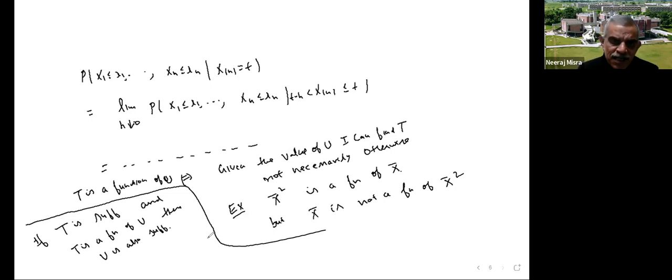For example, let us look at x1, x2, ..., xn, IID normal, theta 1. X bar is sufficient.